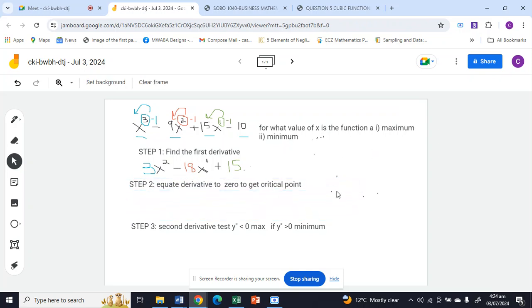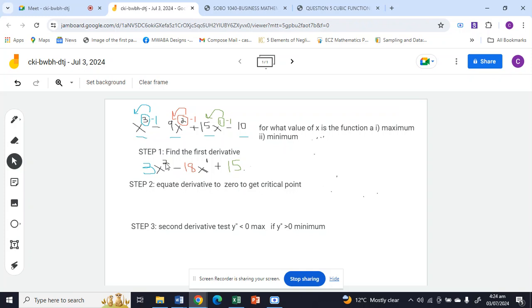Step 2, you need to equate the first derivative. So this 3x squared minus 18x plus 15, this is the first derivative. And what you're going to notice is the first derivative is a quadratic function because it's to the power 2 here.